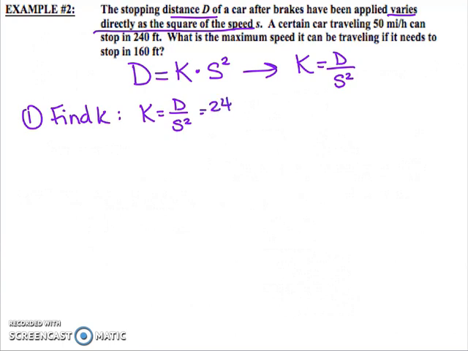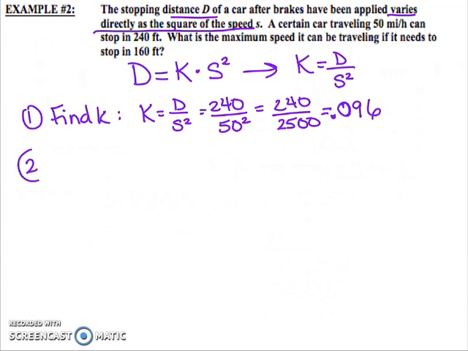So this is going to be 240 over 50 squared. So that's 240 divided by 2,500, which when you grab your calculator gives you 0.096. So that's our k value.